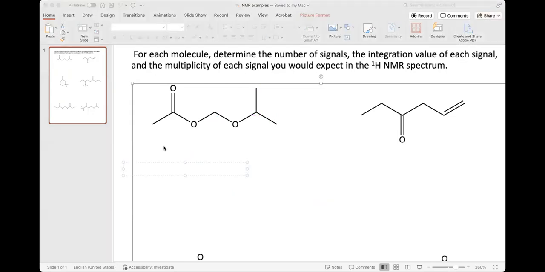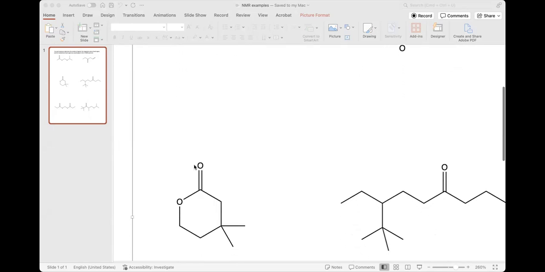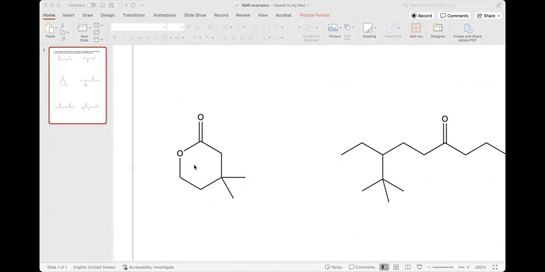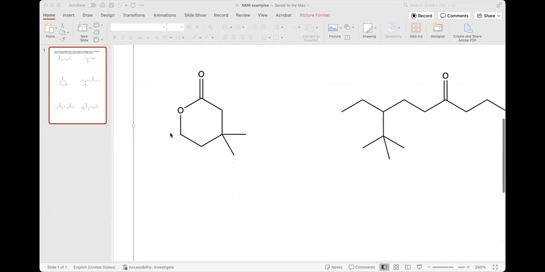Let me erase all that. Okay, let's jump down to, yeah, I kind of like this middle one on the left. Let's take a look at this one. So how many signals would you expect in this case?